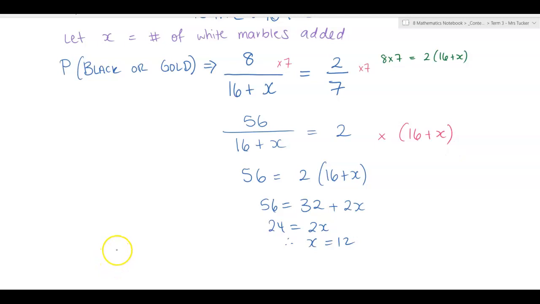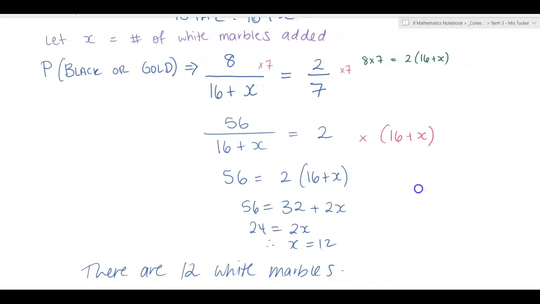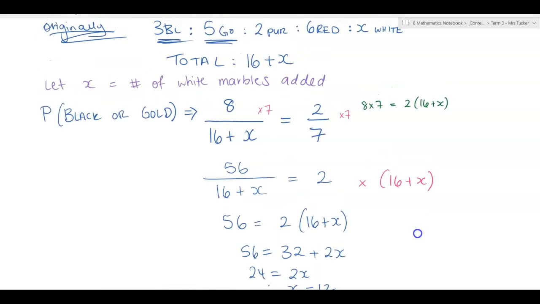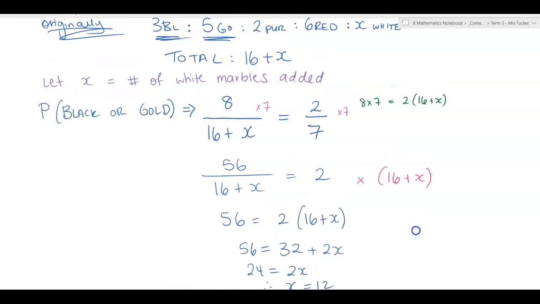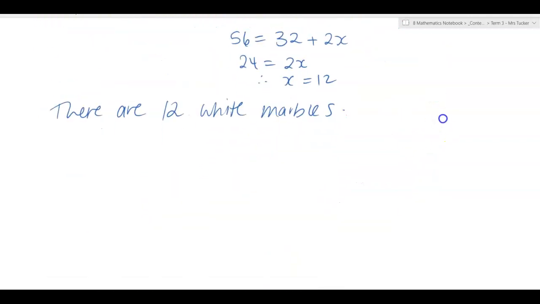And what do we do at the end? There are 12 white marbles. And how could I actually check if that's right? You can also just subtract from the total 28. Like 7 times 4 is 28. Yep, so you could use ratios.